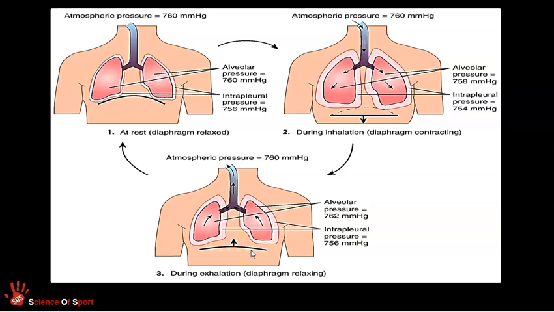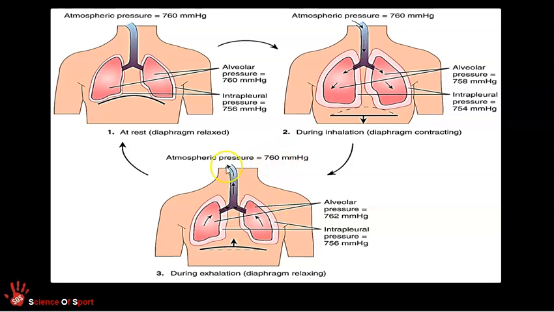If the volume decreases, we know that Boyle's law says pressure increases relatively. So the pressure inside our breathing-out chest cavity is now 762, which is relatively higher than our 760 on the outside.